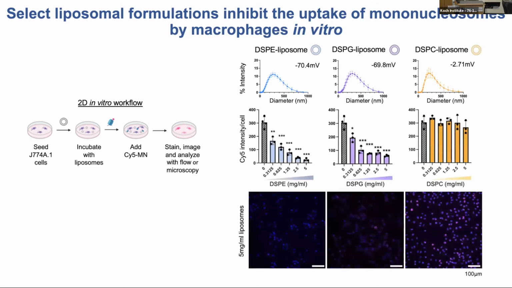Excitingly, what we saw is that 2 of our liposome formulations, the DSPG and DSP based liposomes, had very nice dose-dependent uptake inhibition of Cy5 labeled mononucleosomes. Intriguingly, the DSPC liposome did not, but this is somewhat consistent with the literature that has found that negative charge is important to increase interactions with macrophages, and this could hypothetically make for better contrast agents.